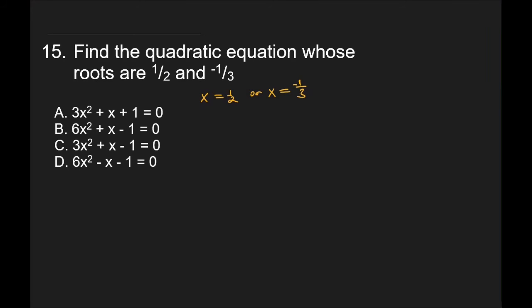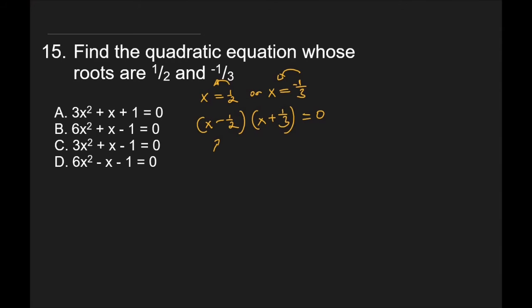And if this is the case, it means that x minus 1 over 2 times x plus 1 over 3. I hope you notice that 1 over 2 is now minus here, and minus 1 over 3 is now plus here, all equal to 0.